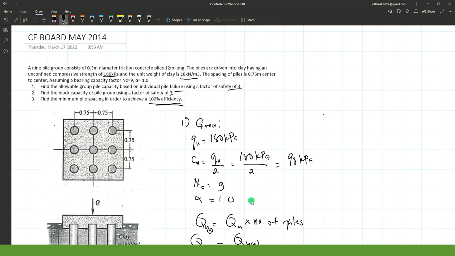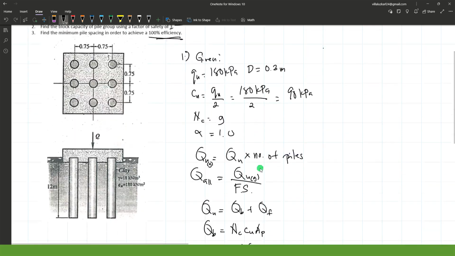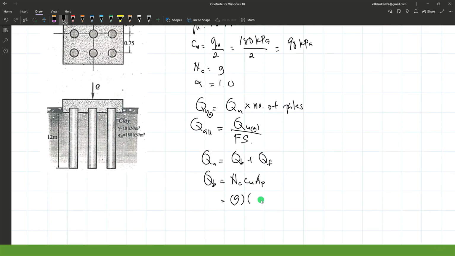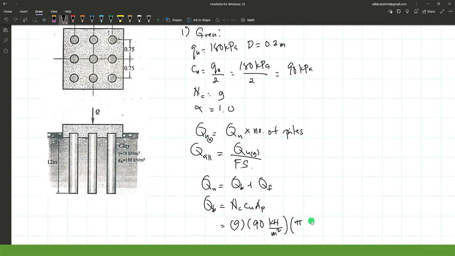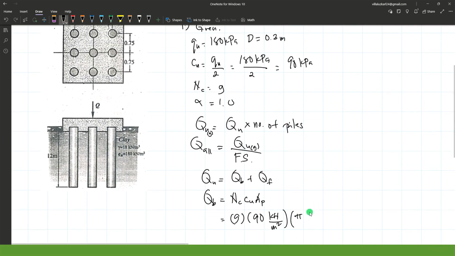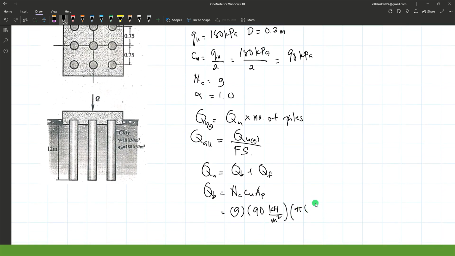Do we have a given diameter of pile here? Okay, we have a diameter of 0.3. D is 0.3 meters. CU is 90 kilonewton per square meter, and the area of the pile is simply pi D squared over 4, for the cross-sectional area of a single pile. So pi multiplied by diameter 0.3 meter squared over 4.